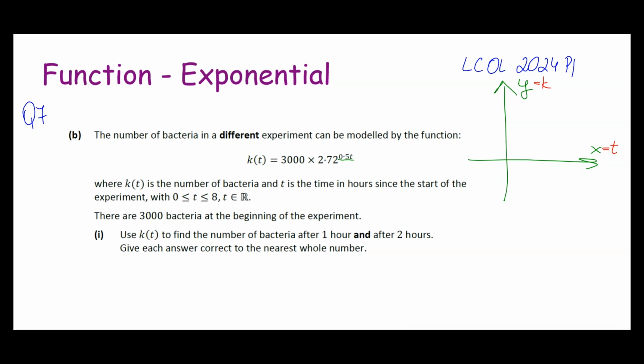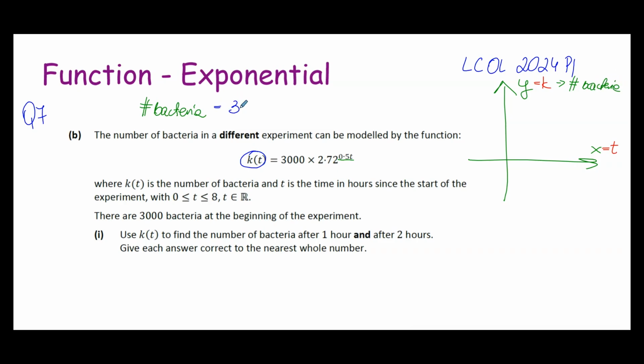Again, let's have a look at what x and y represent in the context of this question. The number of bacteria in an experiment can be modeled by the function. So what does k represent? That is the number of bacteria, so that's what this axis is about.